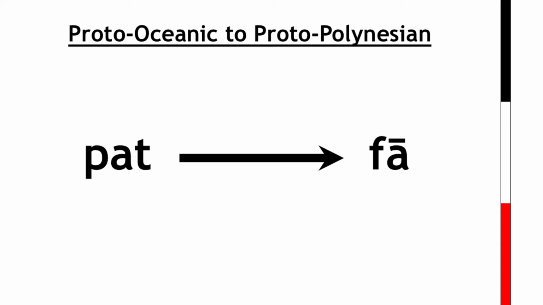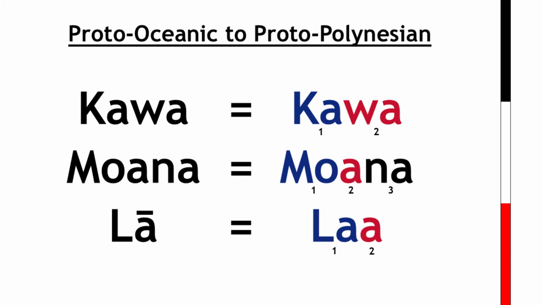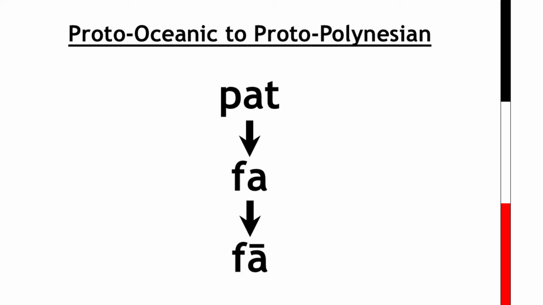We also see what appears to be an irregular gain of vowel length in the word for four, but this can be explained by understanding that all Proto-Polynesian words, except unstressed grammatical elements, required two moras, where each mora is equivalent to a short vowel. After loss of word final t, this word would be left with only one mora, so unusual compensatory lengthening applies to make up the additional mora.